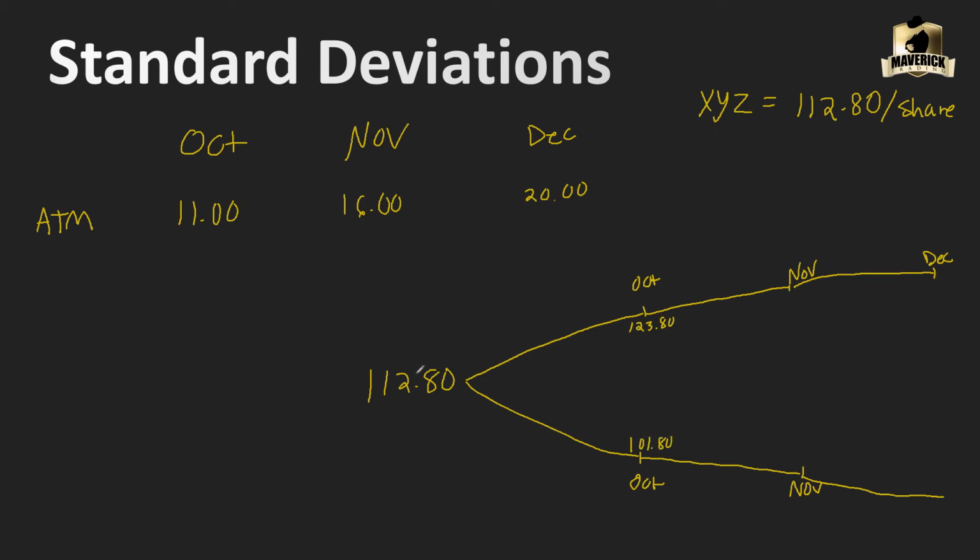And then you'd go 16 above this, so that would be like 128.80, and 16 below, which would be 96.80, if I'm doing that right in my head. And you can check the numbers, but basically, $20 above is 132.80, and $20 below would put us at 92.80, something like that.